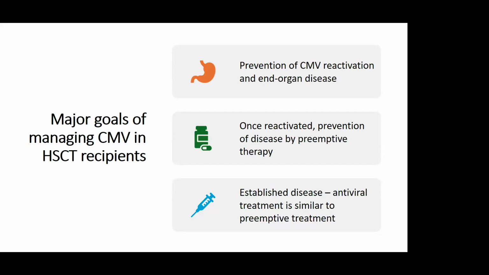But if the disease already happens despite your best effort, or if your patient comes late, then you would have to treat them, and the treatment preemptively or as treatment for disease is exactly the same.